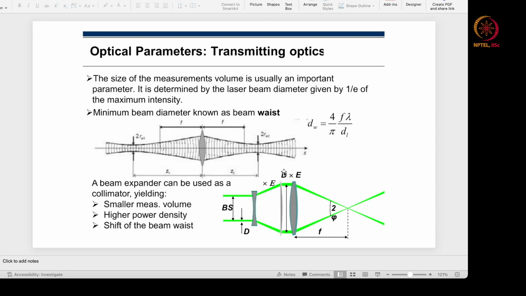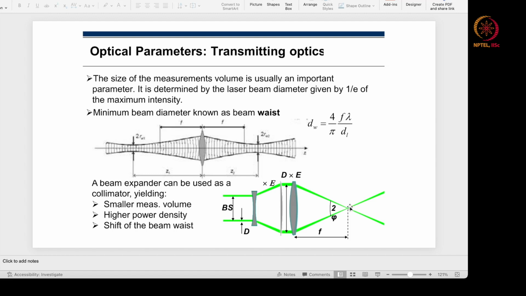What you do normally is, you have this coming from the laser, then you use a concave lens assembly to expand this out. Then you use a thin lens, a collimator, to make it parallel, and then you use a thin lens to focus it at a particular point. So you are concerned with this large D, which is what can give you a very tight spot.